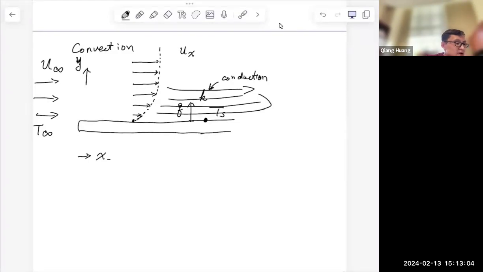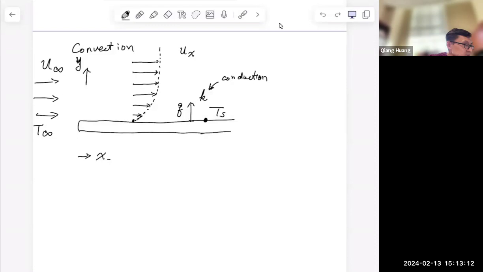So whatever heat is carried upwards will be carried away by the water flow, right? So there will be two modes, two steps of the heat transfer.